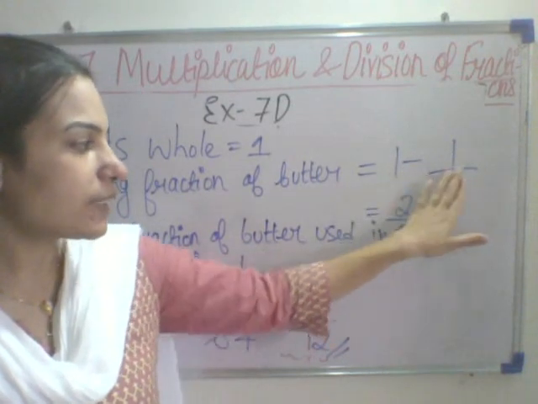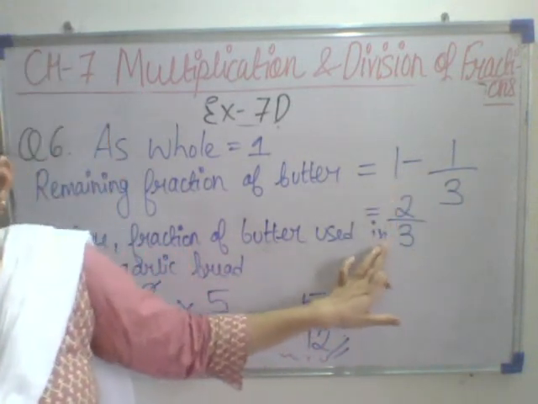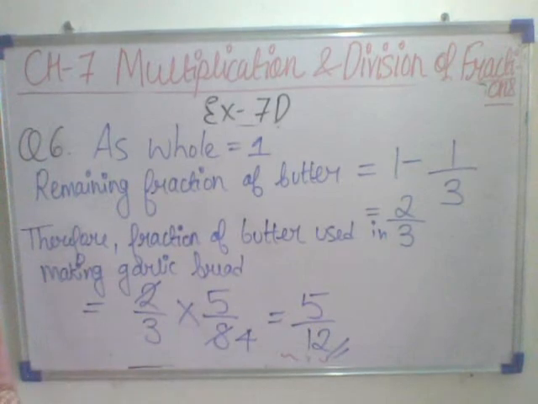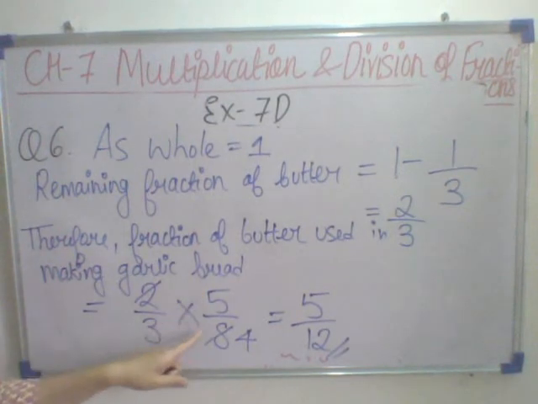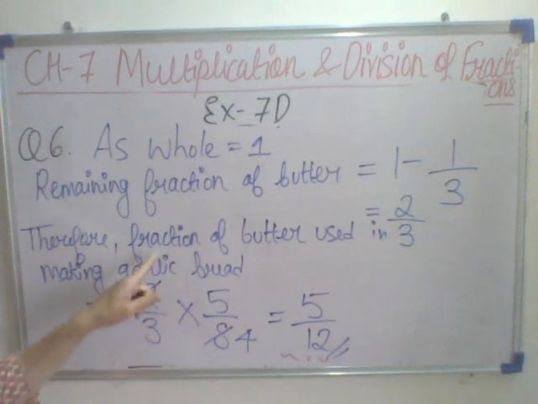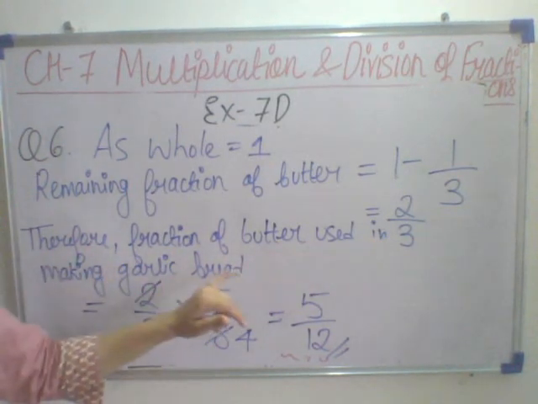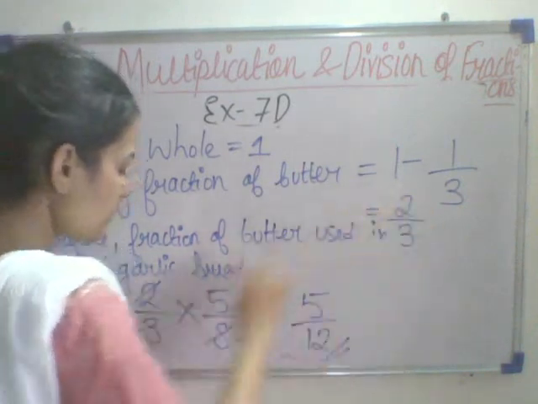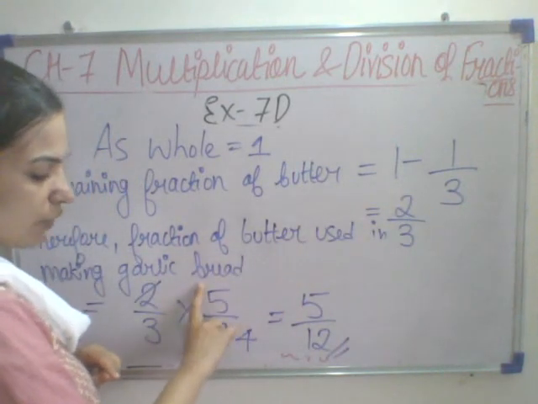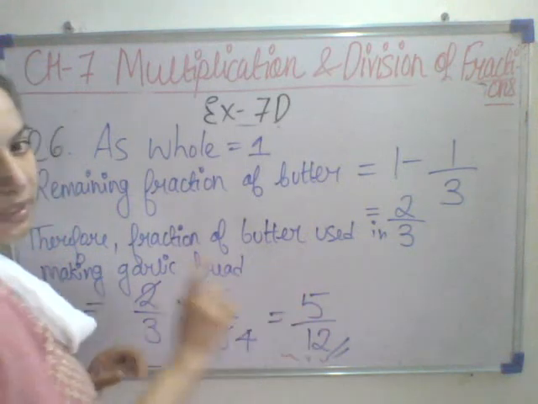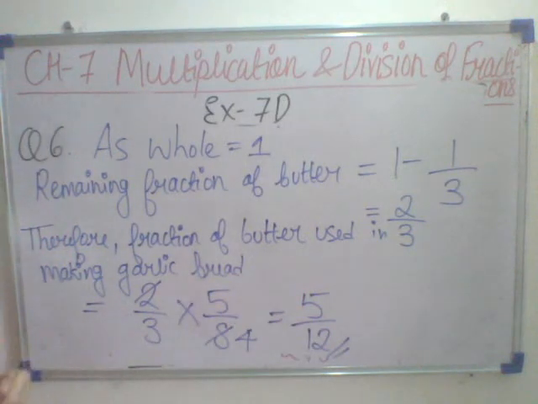If you subtract it, you will be getting 2/3. Now read the question. She uses 5/8 of the remaining to make garlic bread. So we have to find the fraction of butter used in making garlic bread. So you will be multiplying 2/3 with 5/8, and you will be getting here 5/12.